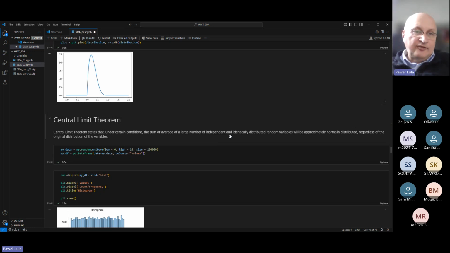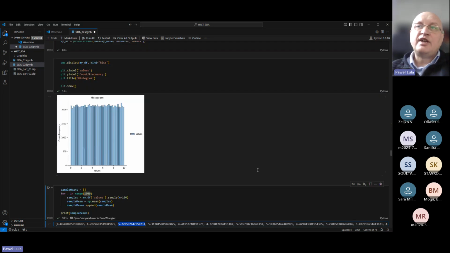And after many repetitions of a procedure in which we selected randomly some elements from this data set and calculated the average value or sum of all elements which we have in this subset, these average values or these sum values always have a normal distribution.